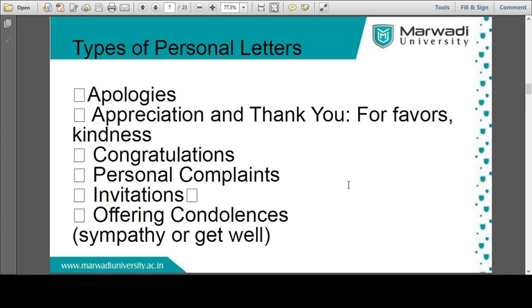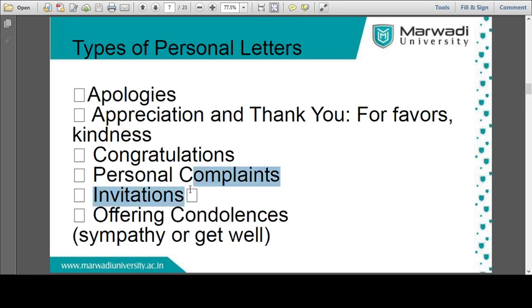Now you can see on your screen that we write personal letters to apologize, to show appreciation, to say thank you for a favor or kindness, to congratulate someone, to compliment someone, for invitation cards, or to offer condolence, sympathy, or get well soon wishes. To convey these types of messages we generally use personal letters.